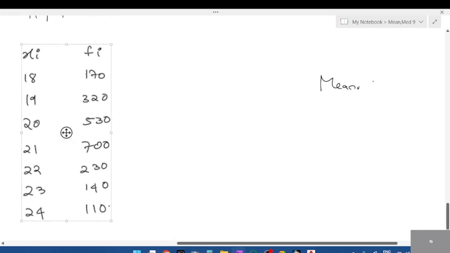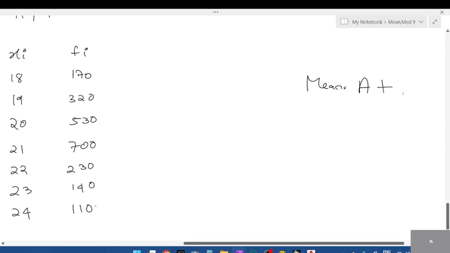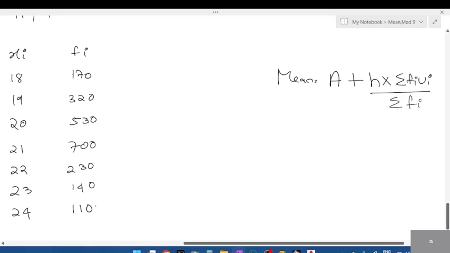All of you unmute. A plus h into summation of fi ui divided by summation of fi. See, this summation of fi ui is separate, a is separate, these values are separate.